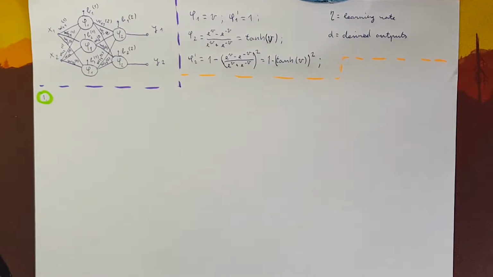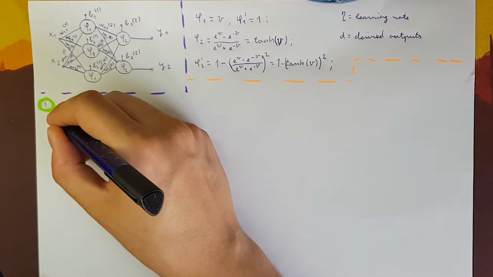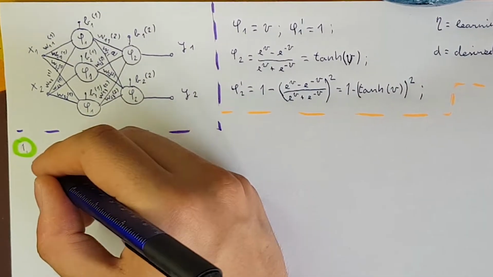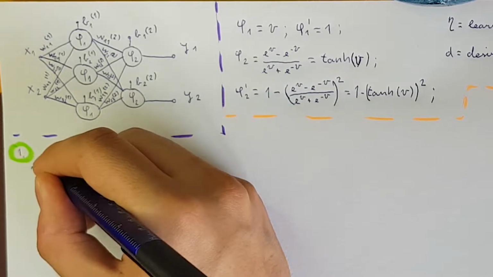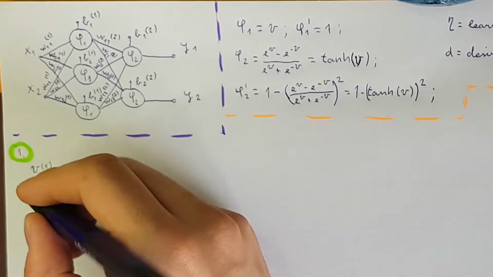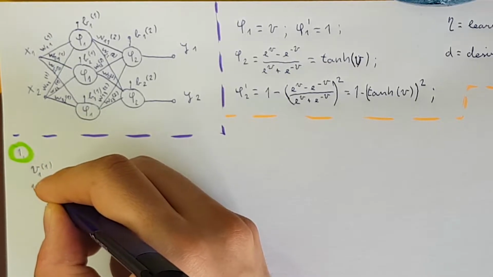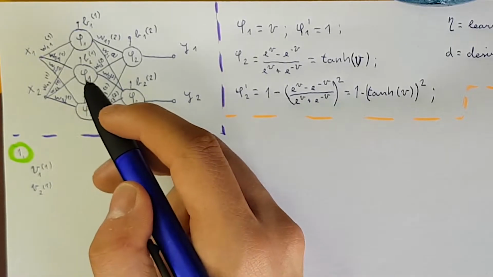Firstly, as I said, we want to calculate the weighted sum. So we will calculate the weighted sum, which is V. V1 of first layer is for the first neuron. V2 of first layer is for the second neuron.